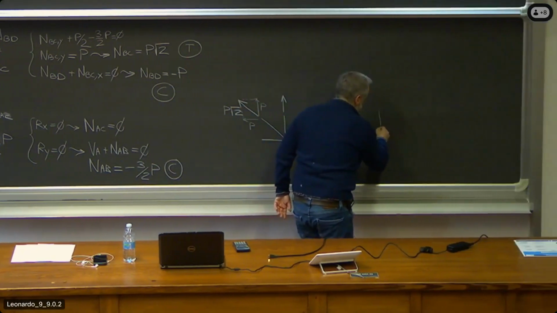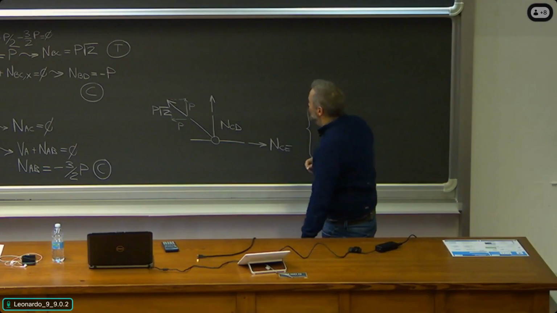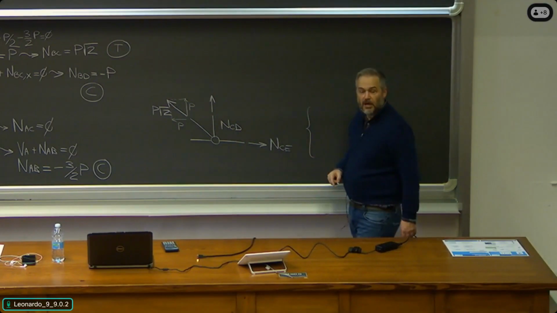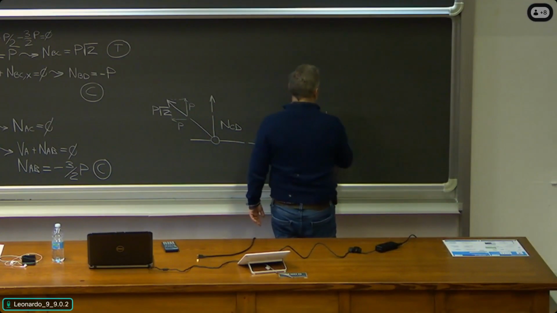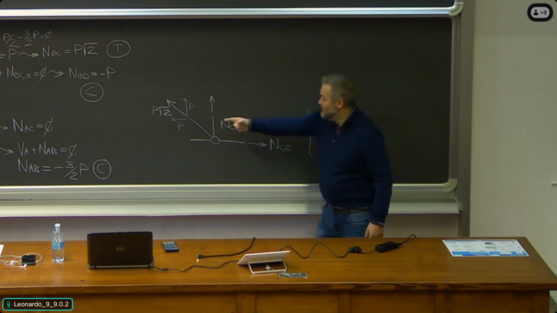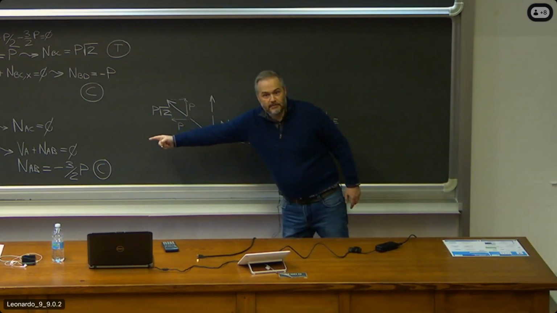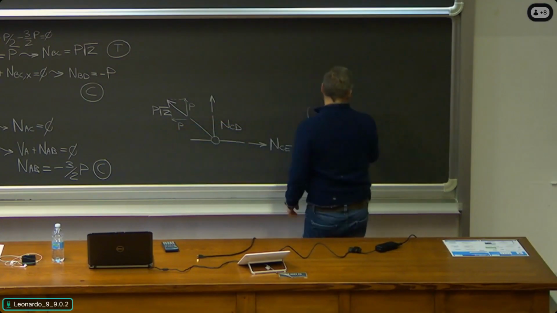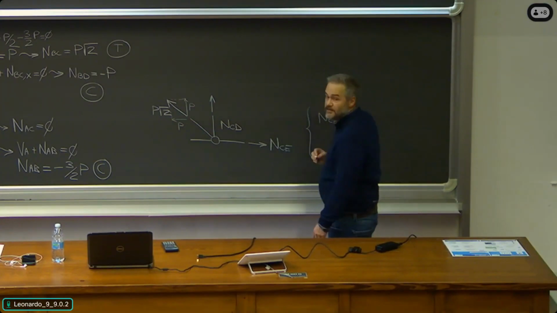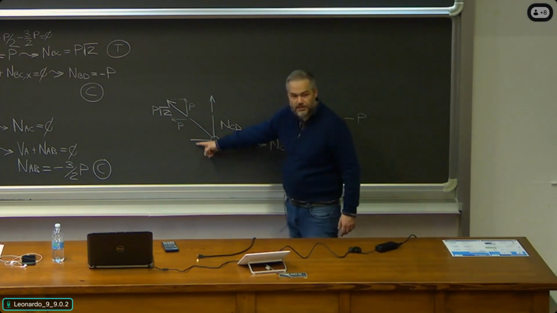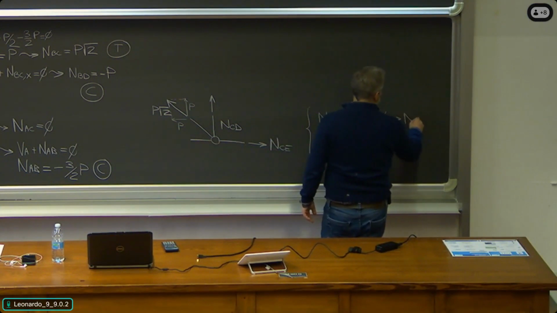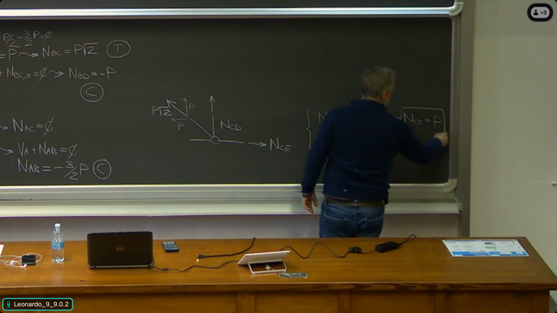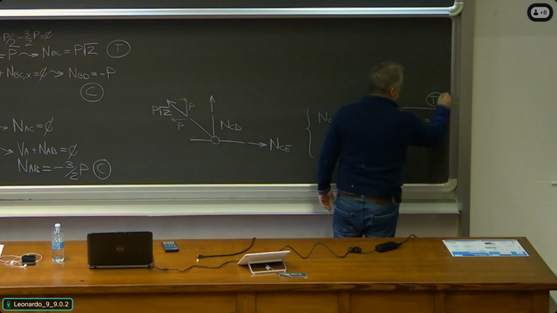And thus, in a very simple way, what becomes the horizontal equilibrium? We have NCE pointing to the right minus P, which is pointing to the left. Is there anything else? No, because the force here is 0. So, equals 0, and NCE is equal to P. Sign, tension.